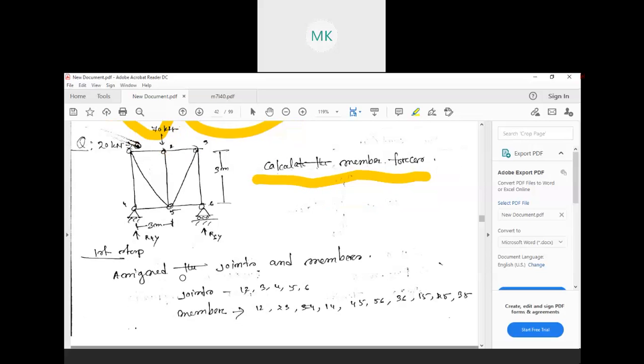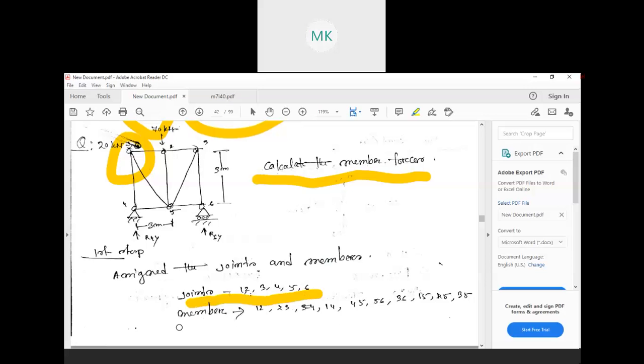As I have already said, the first step is to assign the joints and members. We need to count how many joints and members there are. Starting from the top, there are 1, 2, 3, 4, 5, 6 joints, so we have written joints 1 to 6.